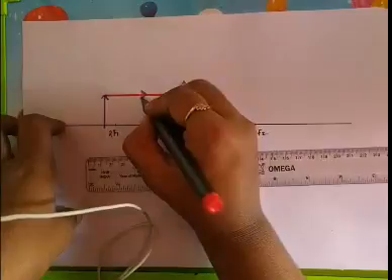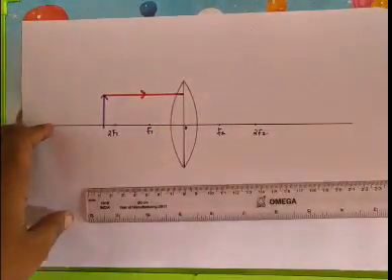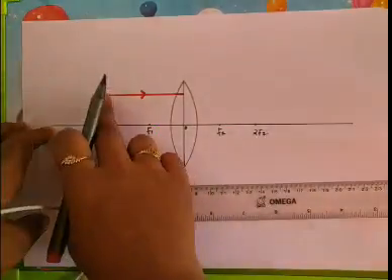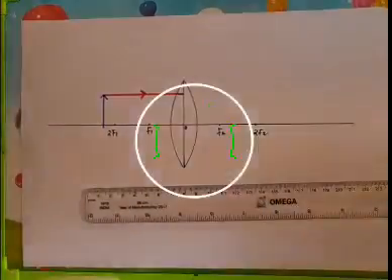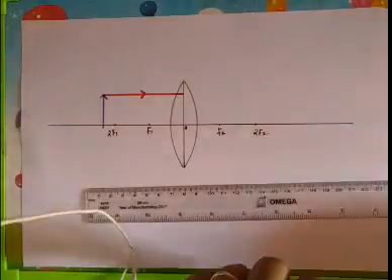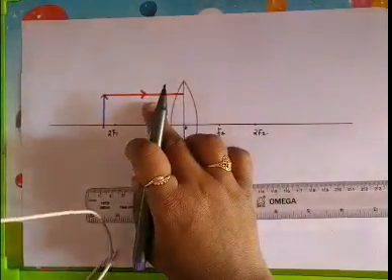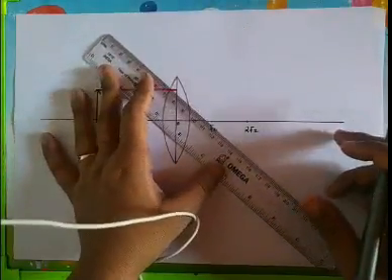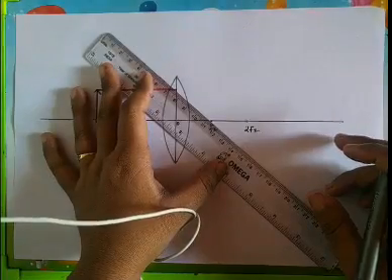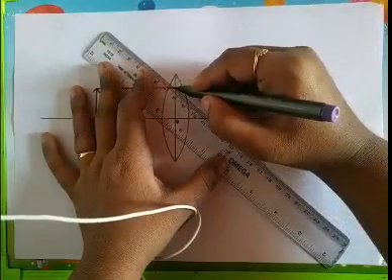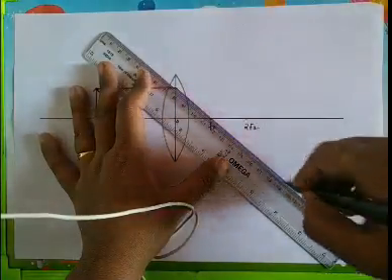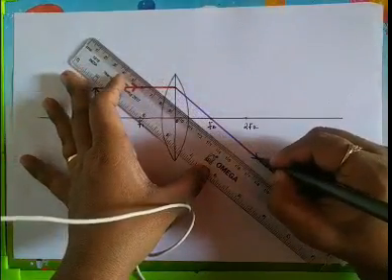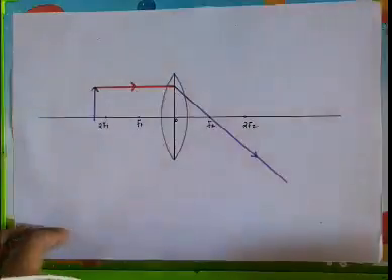This is the incident ray. By rule, the refracted ray should pass through the focus. So this is the refracted ray which is passing through the focus.